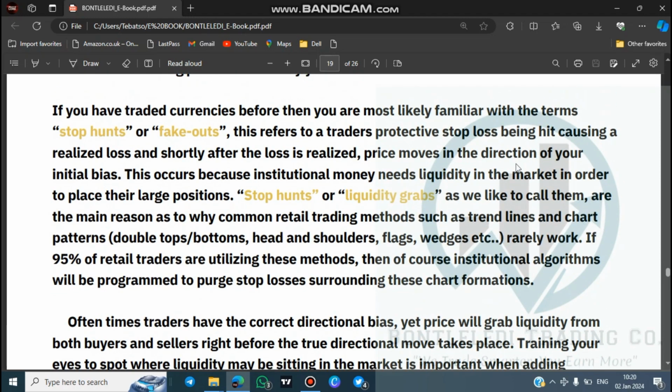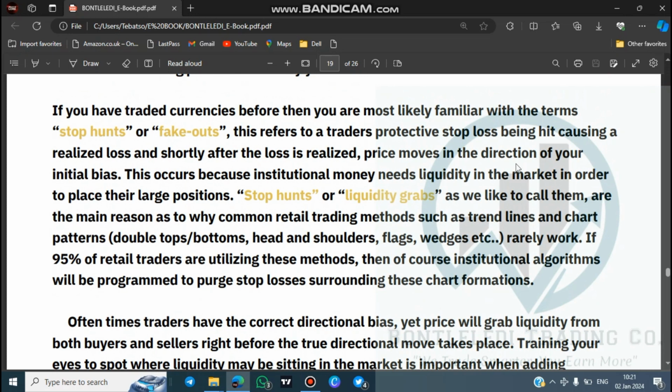Not that they necessarily don't work, it's just that they might paint a picture at a later stage. So if 95% of retail traders are utilizing these methods, then of course institutional algorithms will be programmed to target stop losses surrounding these chart formations.